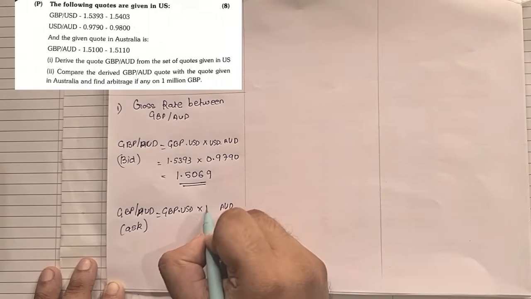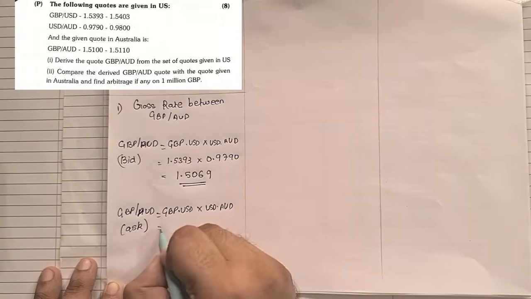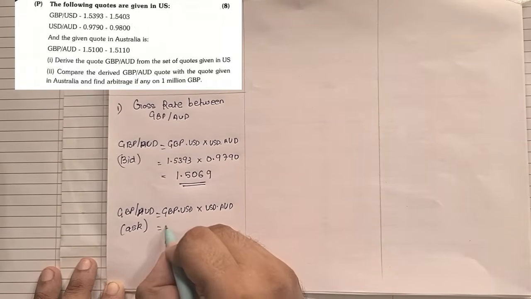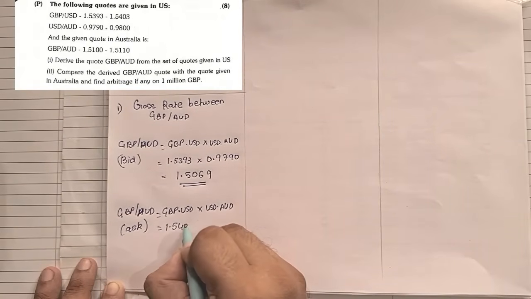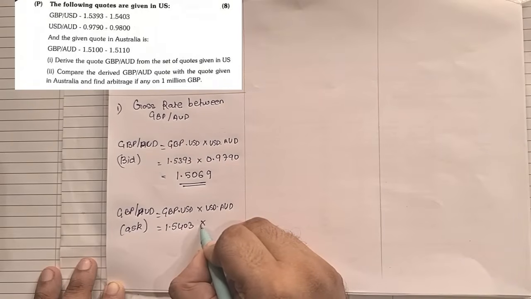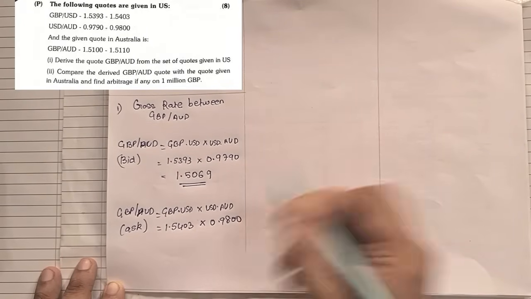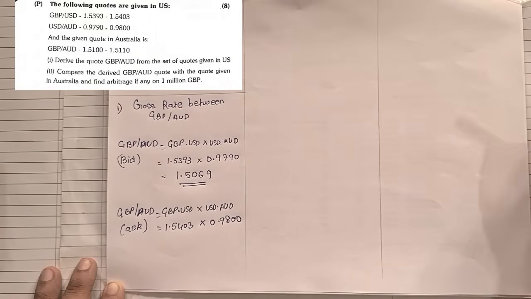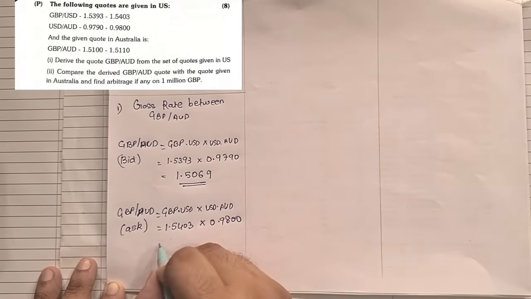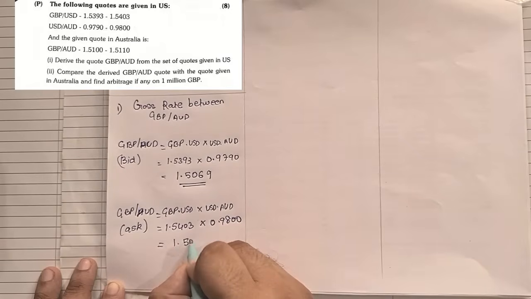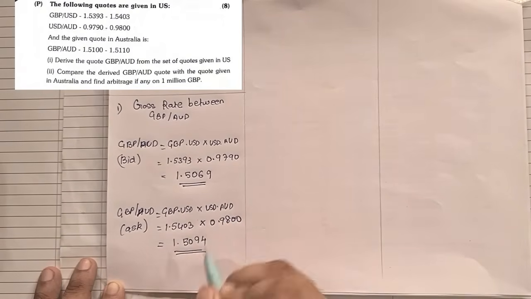Okay, USD into USD. Again GBP to USD is in the same direction, so I can take the same value, 1.5403 the ask, and USD to AUD was 0.9800. I will just multiply it, so I get 1.5403 into 0.9800, which will give you the value as 1.5094. Okay, so that's my bid rate and this is my ask rate.